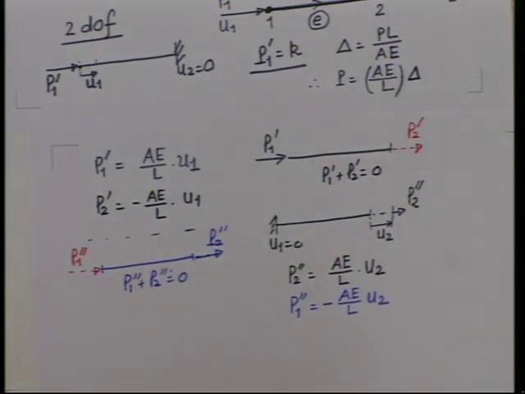So, by setting one degree of freedom, I have got these relations, but U1 and U2 are independent.